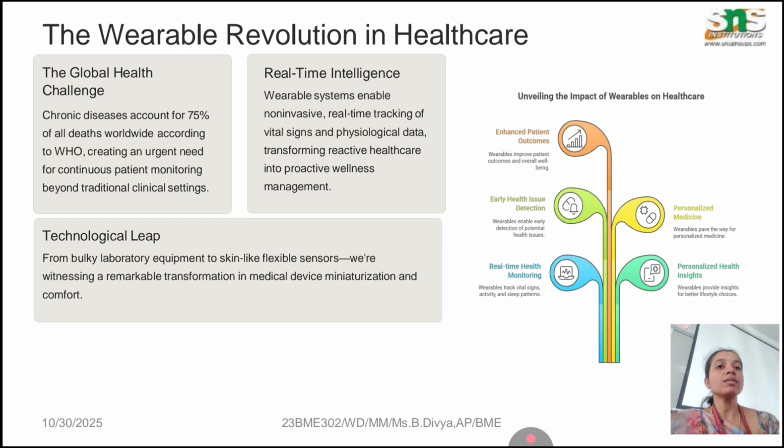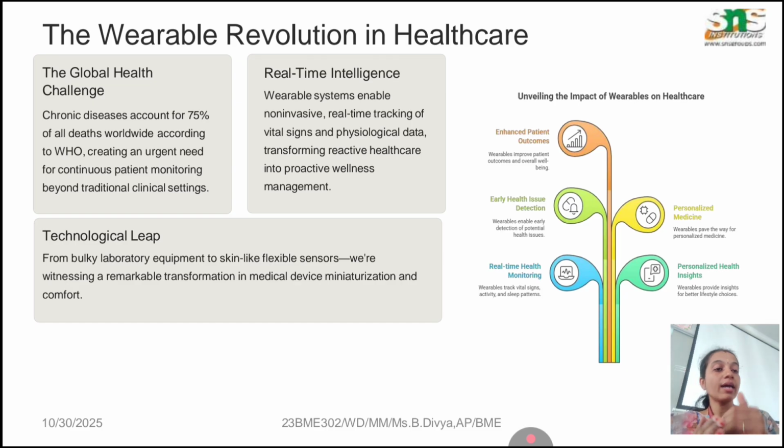And then the real-time intelligence. How does real-time intelligence take place in this? Wearable systems enable non-invasive real-time tracking of vital signals and physiological data, transforming reactive healthcare into proactive wellness management. This real-time intelligence helps in identifying the vital signals in real time, and the physiological data can also be collected.